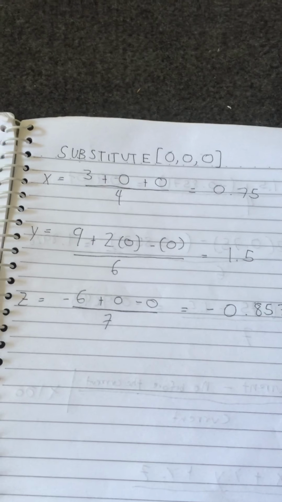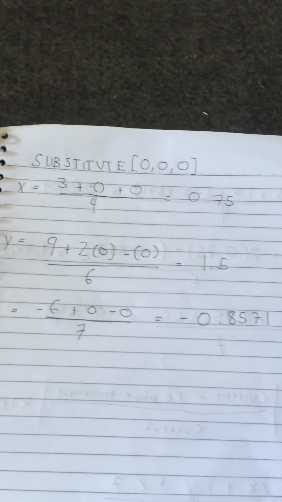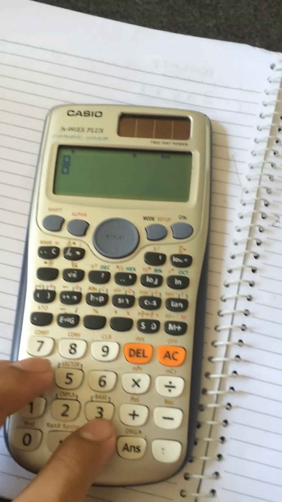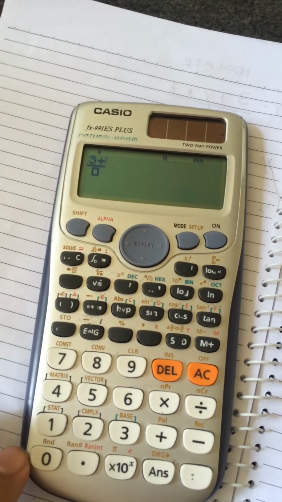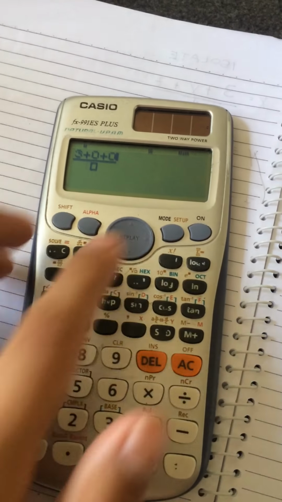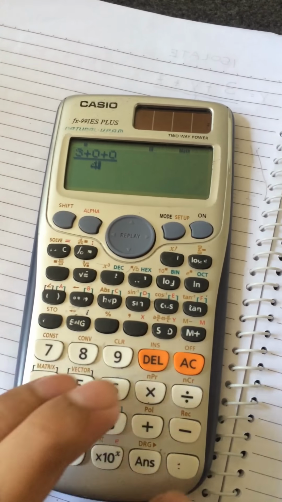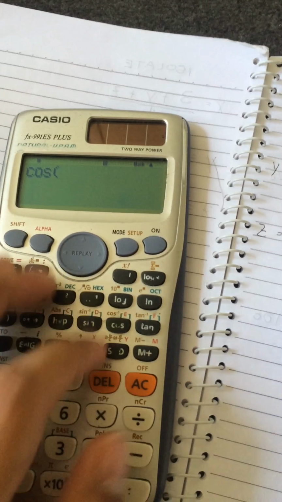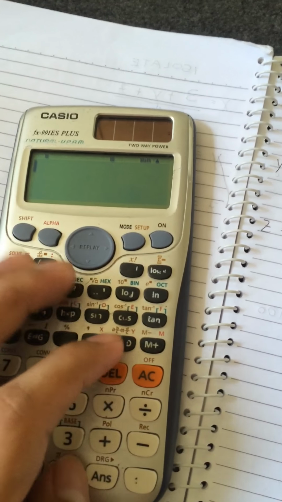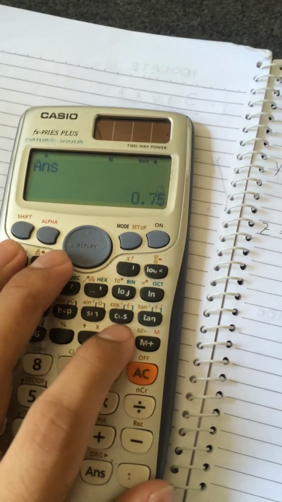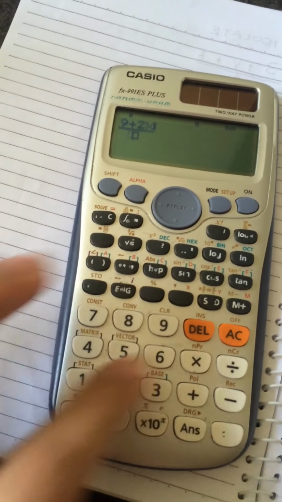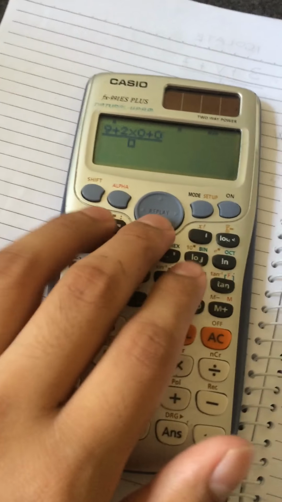As we can see, they are already computed, but let's try to compute it again. 3 plus 0 plus 0 all over 4. There you go, 0.75. 9 plus 2 times 0 plus 0 all over 6.